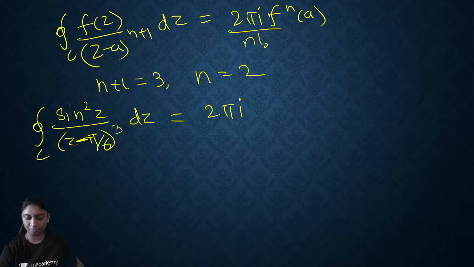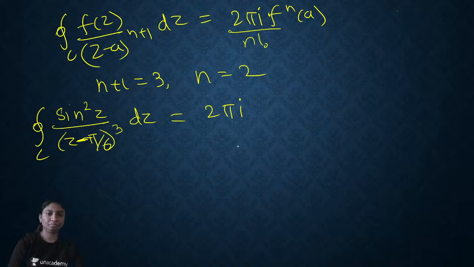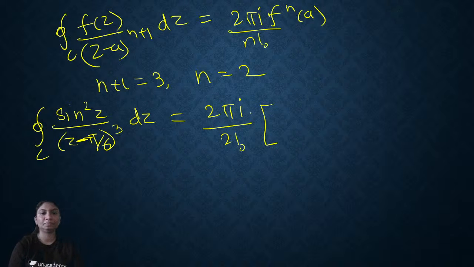That is 2 pi i upon 2 factorial into f double dash at a.